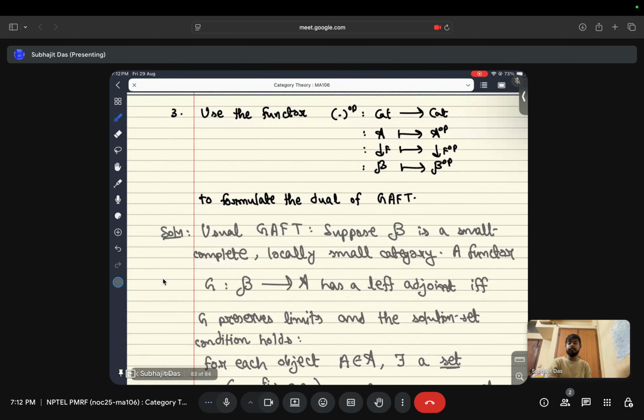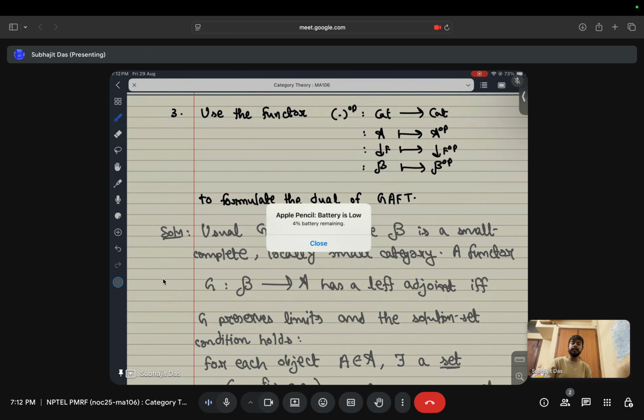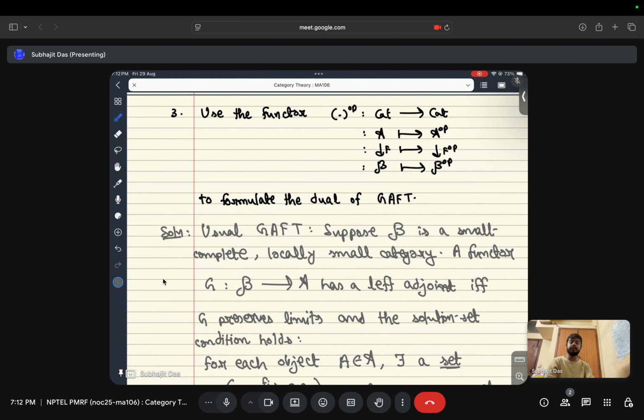What we want to obtain, or rather formulate, is a dual version of this, and we want to use our op functor. So recall what the op functor actually does. The op functor maps a category A to its opposite category A op. You take a category A. The opposite category A op is defined in this way. The objects of A op are the same as the objects of A. What you do is you flip the direction of the arrows.